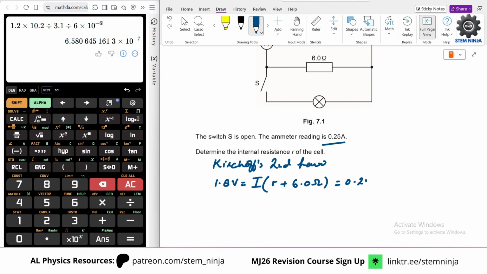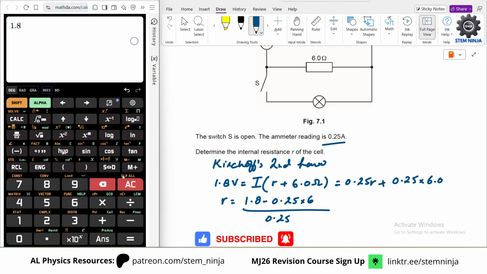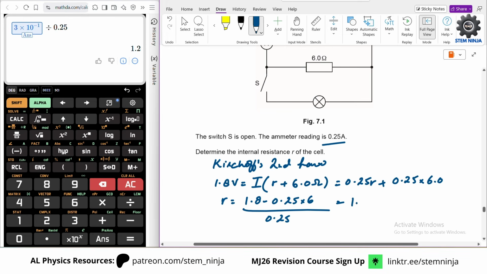So 0.25 R plus 0.25 times 6. So R would be just simply 1.8 minus 0.25 times 6 divided by 0.25, which is 1.2 ohms.